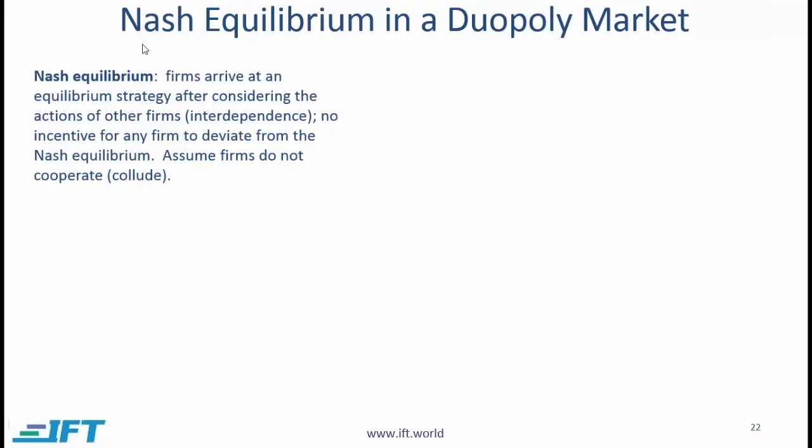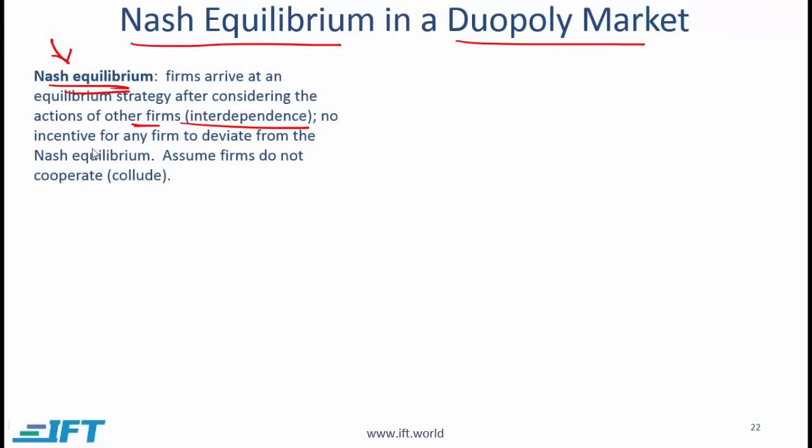Now we look at Nash equilibrium in a duopoly market. And here is the premise. Notice that with all these assumptions or models, there is a core premise and you need to be on top of that premise. According to the Nash equilibrium, firms arrive at an equilibrium strategy after considering the actions of other firms, and this is called interdependence.